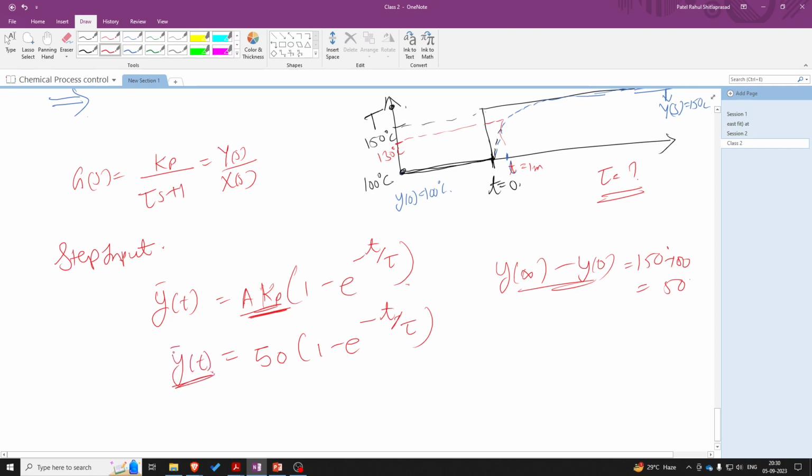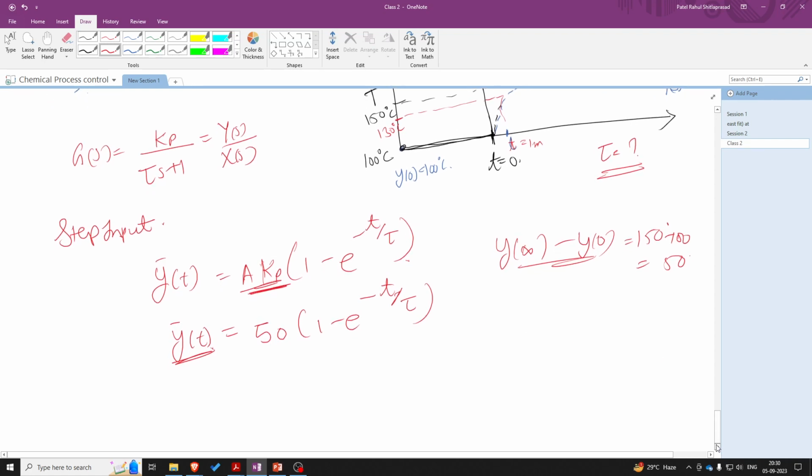So this y bar is the deviation variable, and at time t equal to 1 minute we have been given that the temperature is 130 degrees Celsius. So y bar of t, this parameter is always the deviation variable, that is the value at time t minus the initial value.